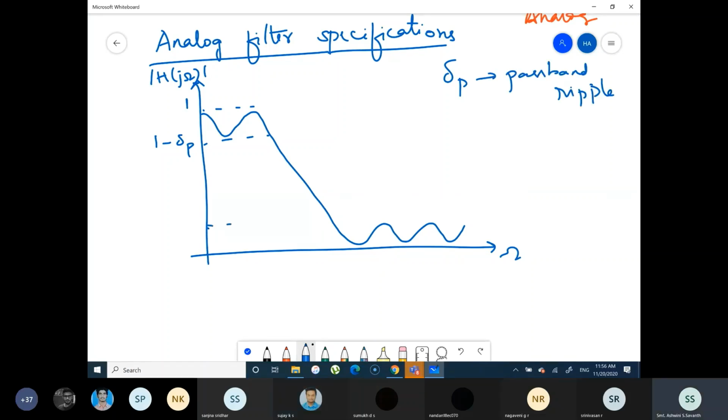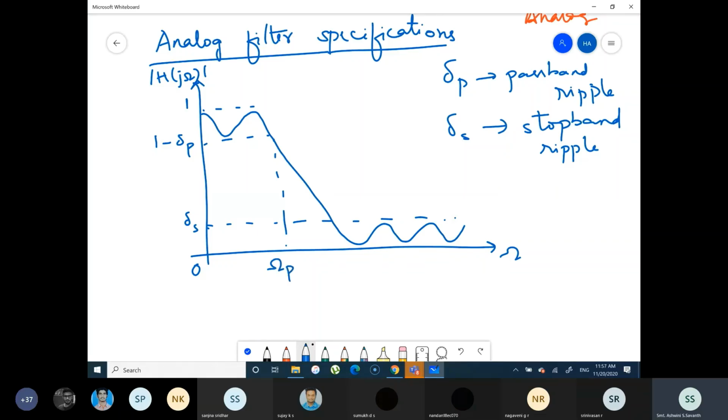then the ripple in the stop band is denoted as delta S. So delta S is the stop band ripple. The pass band edge is denoted as omega p.